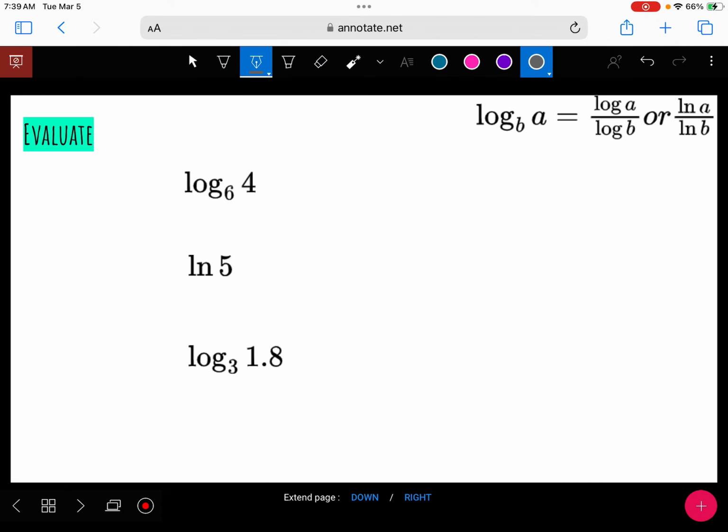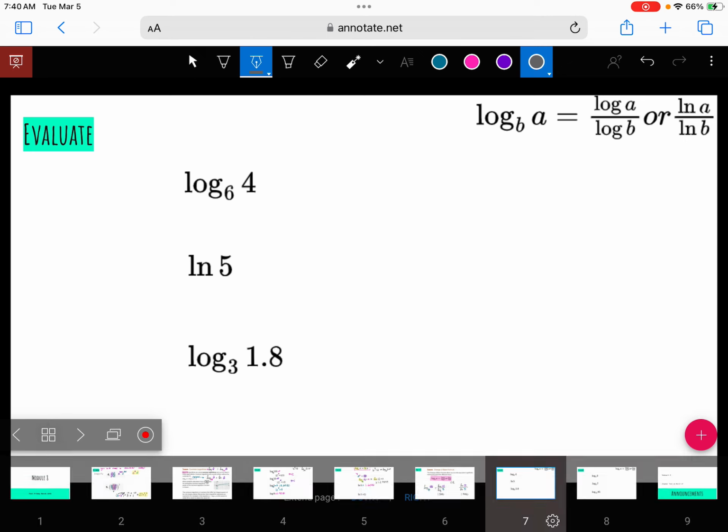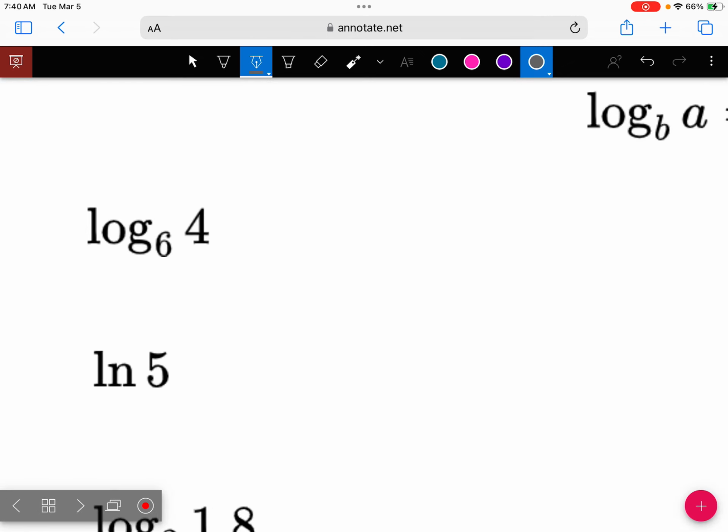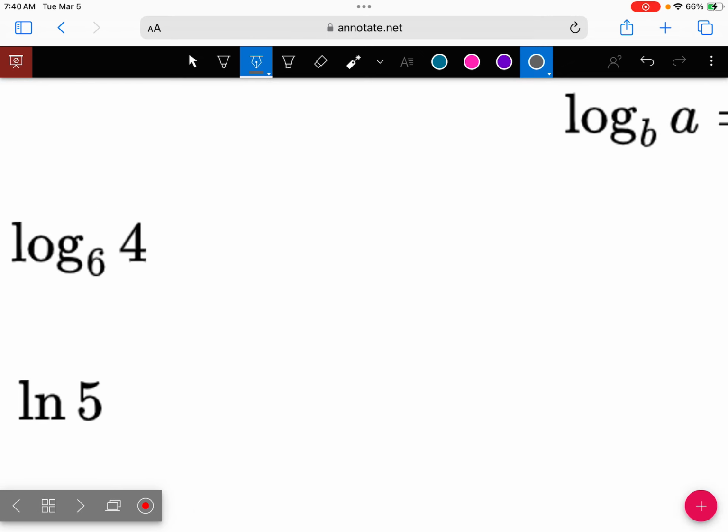Okay, so we're going to look at these. So we are going to evaluate these. So I'm going to rewrite this using my change of base formula.